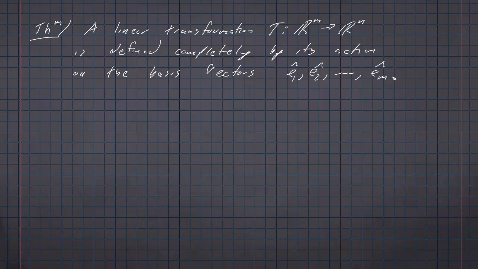Our theorem claims that a linear transformation between Rm and Rn is defined completely by its action on the basis vectors e1, e2, up through to em.